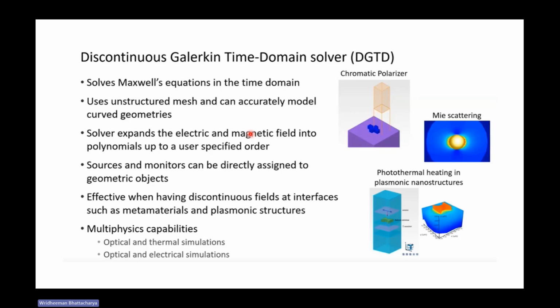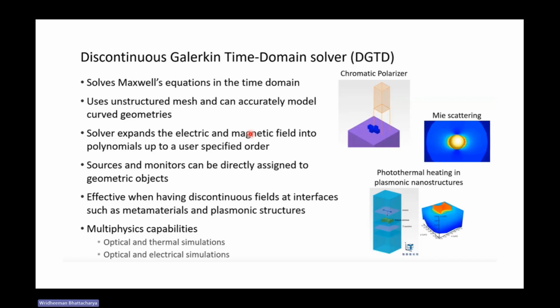The solver also expands the electric and magnetic fields into polynomials up to a user specified order, along with sources and monitors that can be directly assigned to the geometric objects.